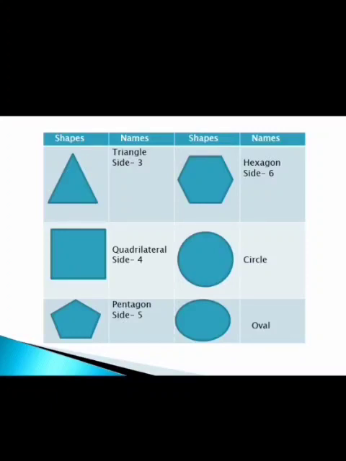Oval is also a closed figure as it starts and ends at the same point. Now you can see that there are some examples of oval shape. The shape of an egg is an example of oval shape.